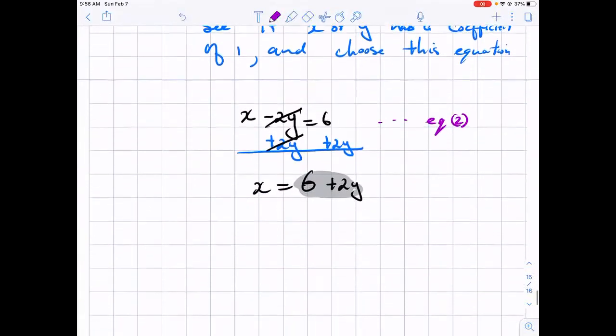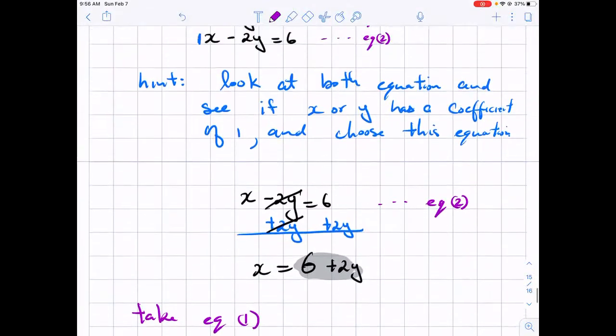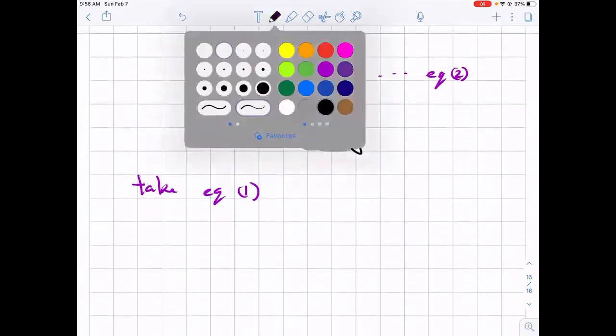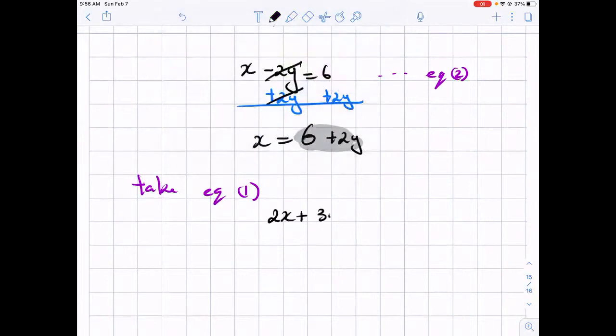Now we're going to take equation 1, which is 2x plus 3y equals 5. And we will replace x with what we have up here. So this now becomes 2 in parentheses 6 plus 2y. And then we write our plus 3y equals 5.